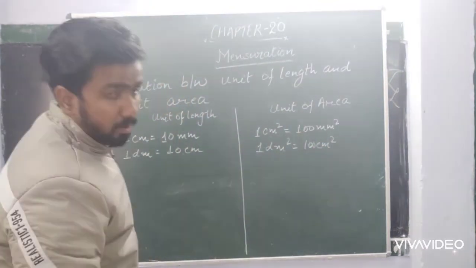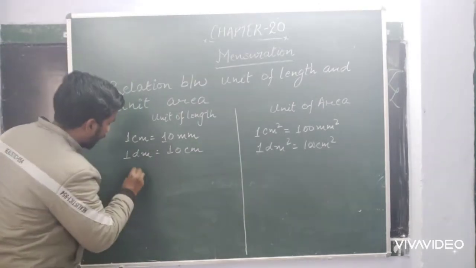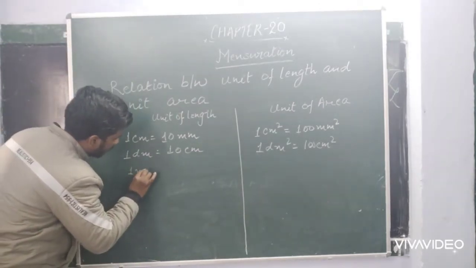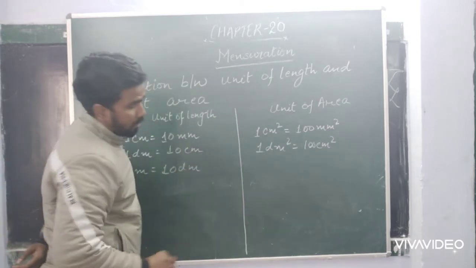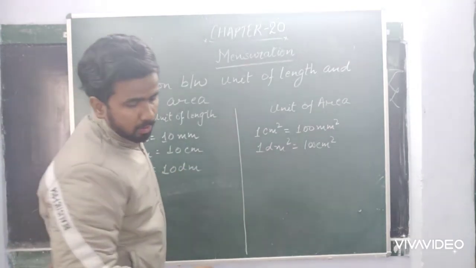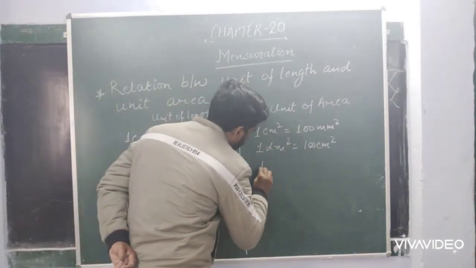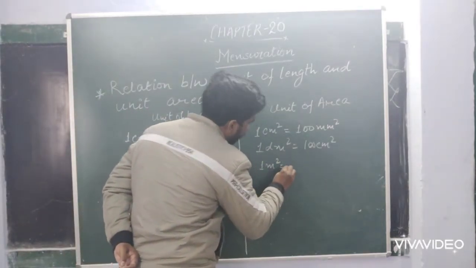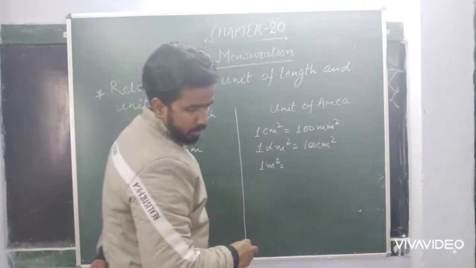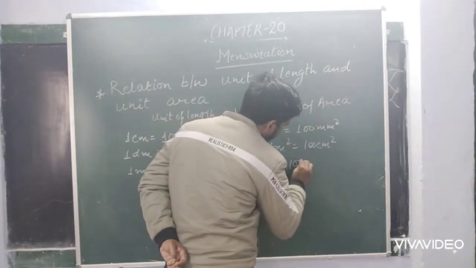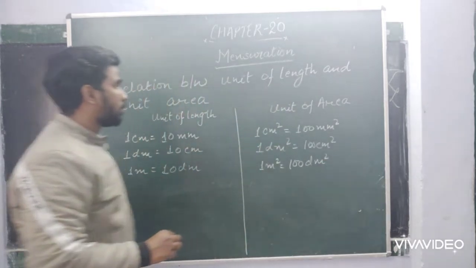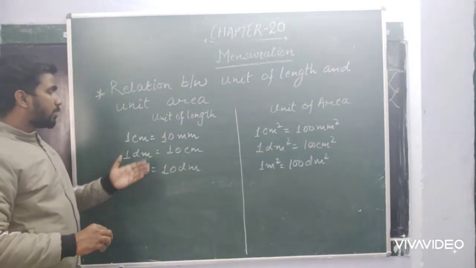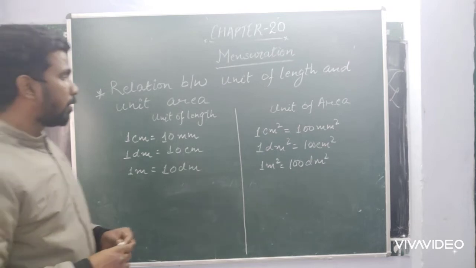Then 1 meter will be equal to 10 decimeter. And in case of area, 1 meter square will be equal to 100 decimeter square. Okay, so this is the relation between the unit of length and unit of area.